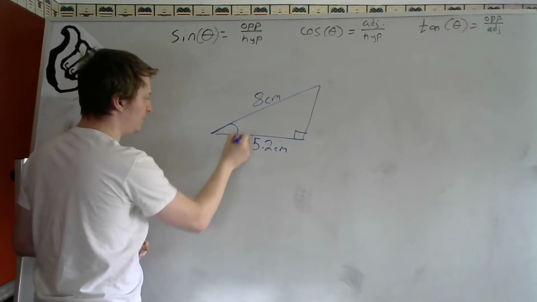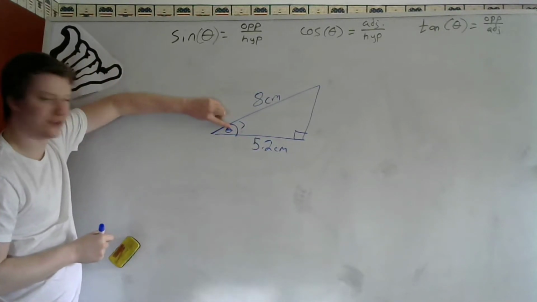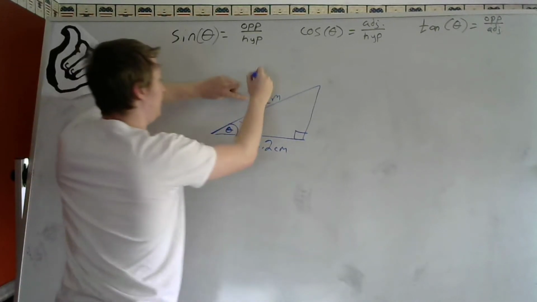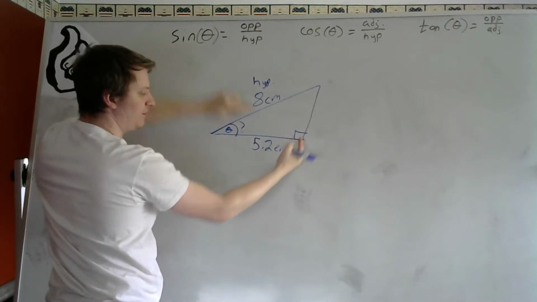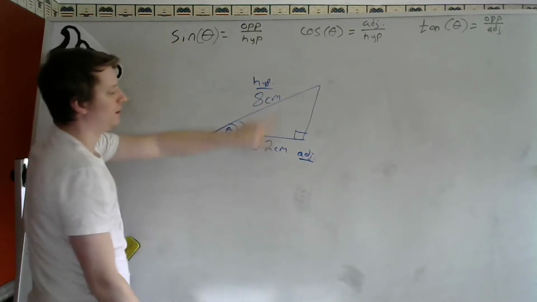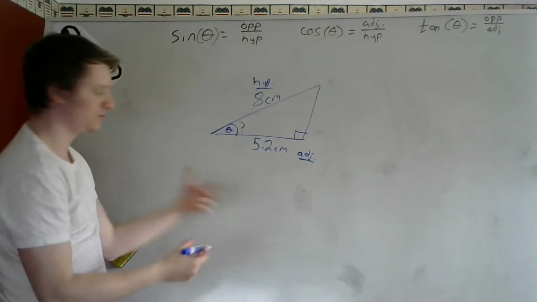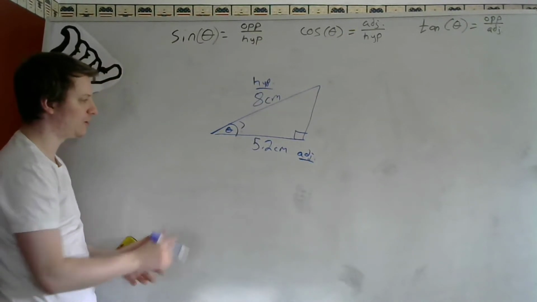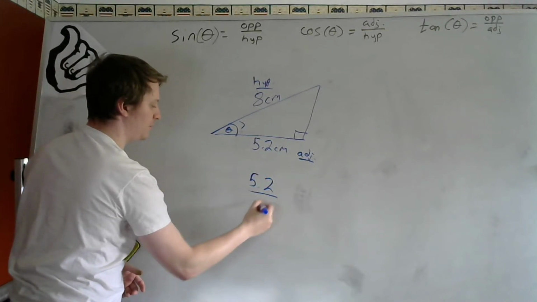And we want this angle right here. So in reference to this angle, we have our hypotenuse. I know that because it's opposite the 90 degrees. And we have the adjacent. Adjacent and hypotenuse, that's cosine. We can jump straight to the end maybe if you're starting to catch on to this. Adjacent over hypotenuse.